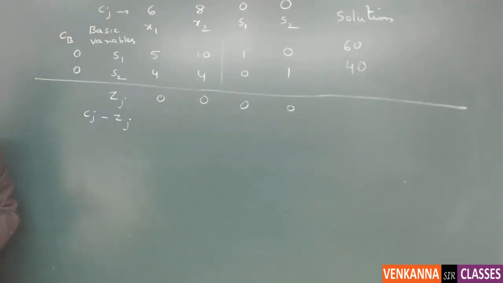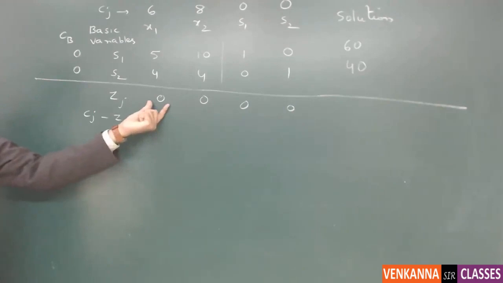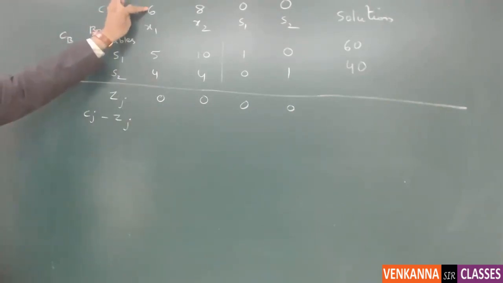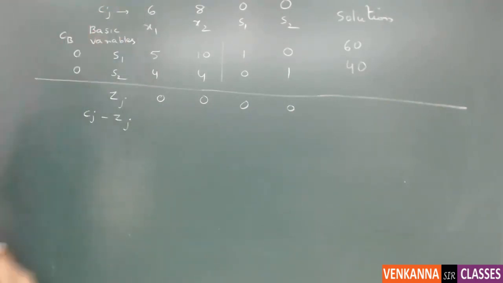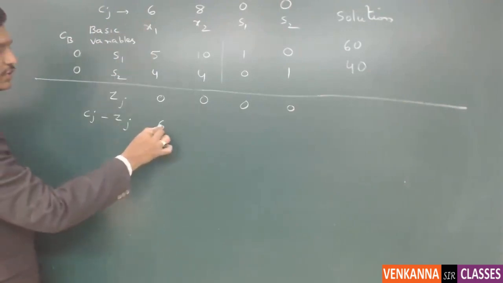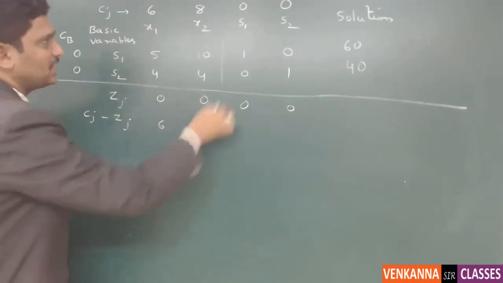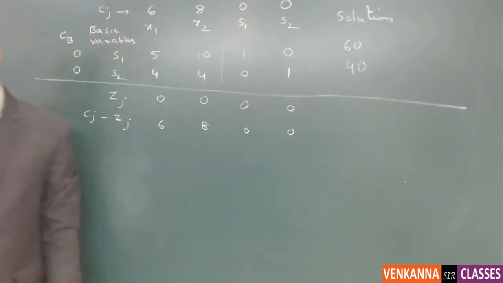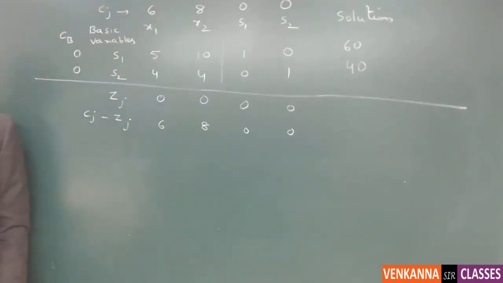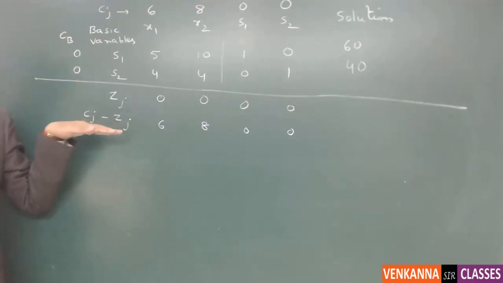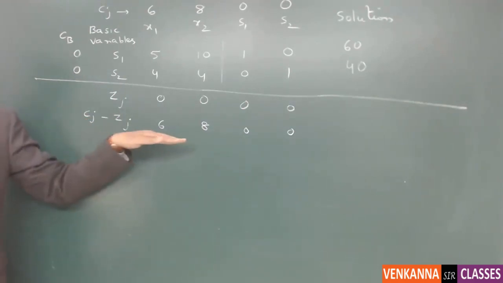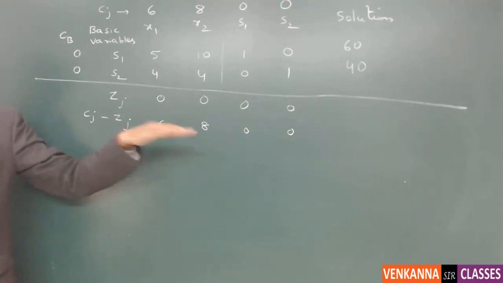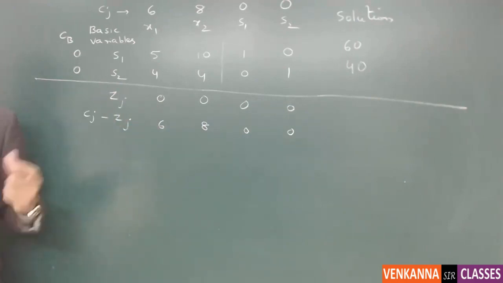Now I am taking the difference of this Z value and the corresponding cost coefficient value. So this will be 6 minus 0, 6. This will be 8. This will be 0 and this will be 0. So I am giving the part of the solution: how to proceed, how to get the table and how to solve the problem. I am mainly focusing on the problem solution part, right?